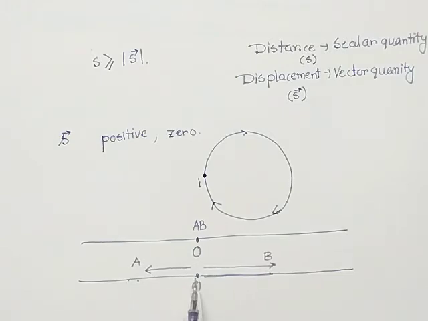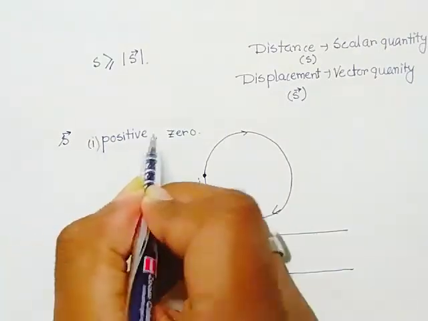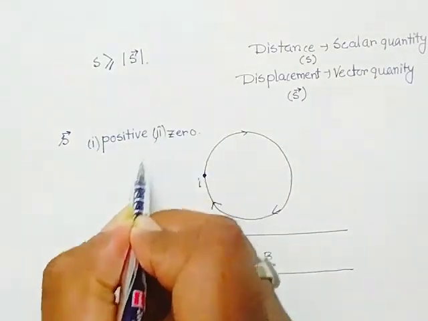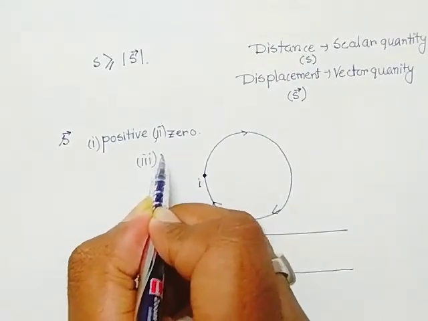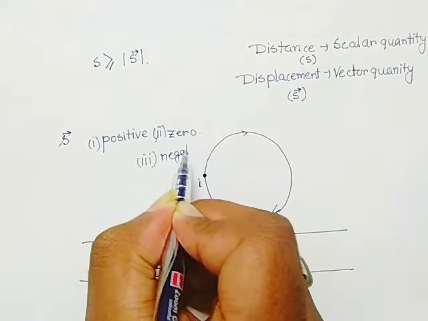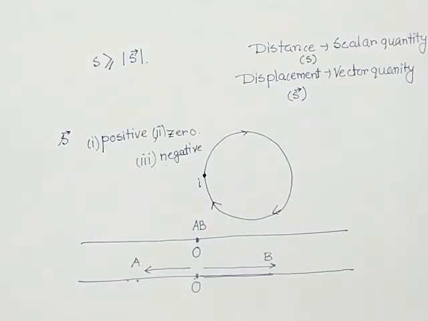It is about the consideration. So displacement can be positive, it can be negative, it can be 0. So three possibilities are there: positive, negative and 0. These three possibilities tell us about the displacement.